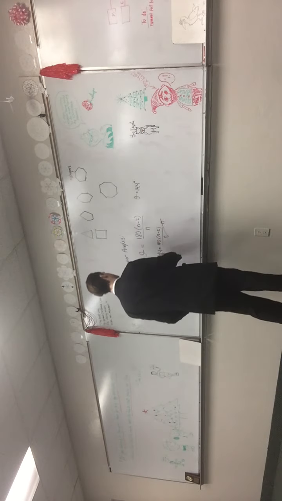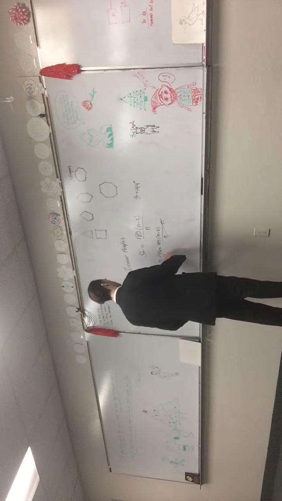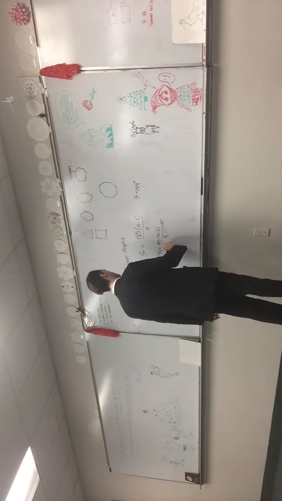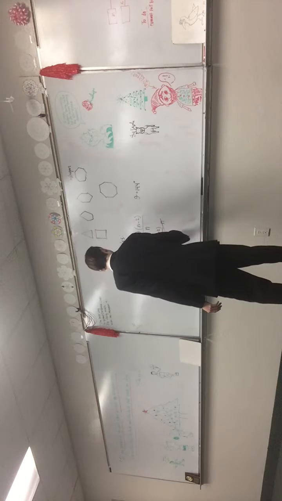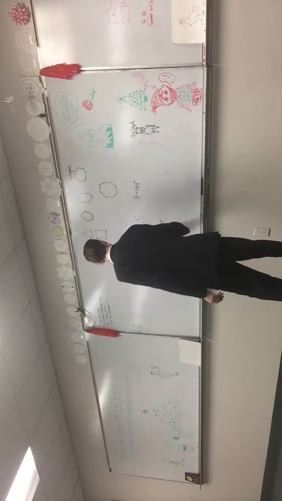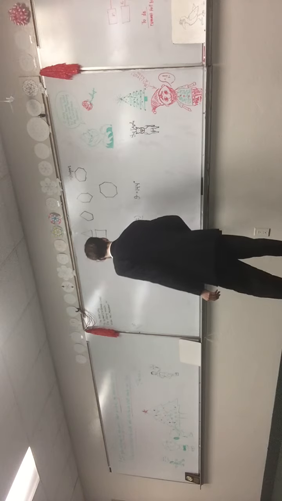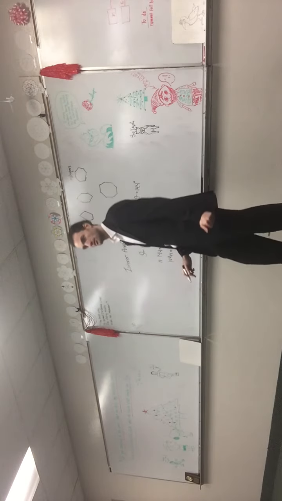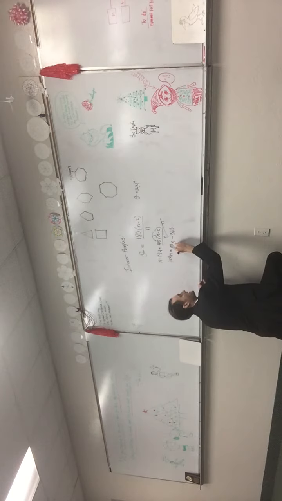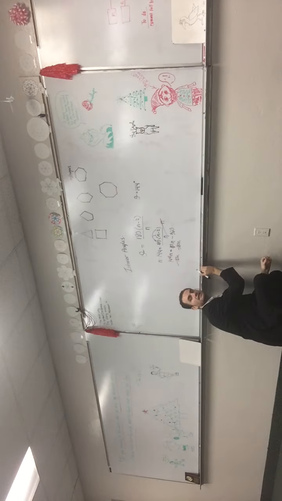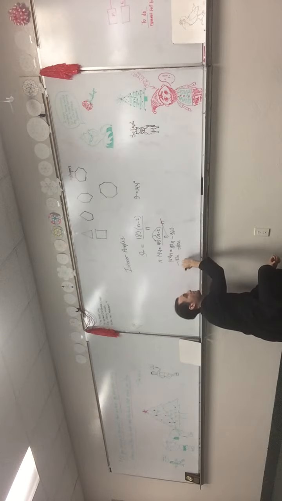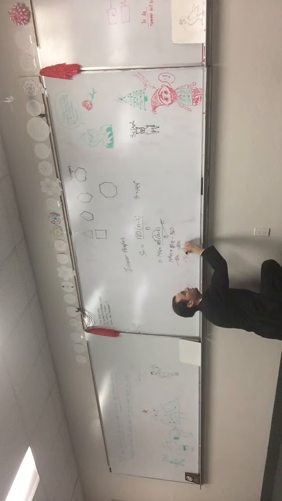I multiply by n, and I get 144n equals, now I distribute, 180n minus 180 times 2 is 360. Now what do I do? Move the 180n over to the other side, subtract 180n. And I get 144 minus 180 is negative 36n equals negative 360.